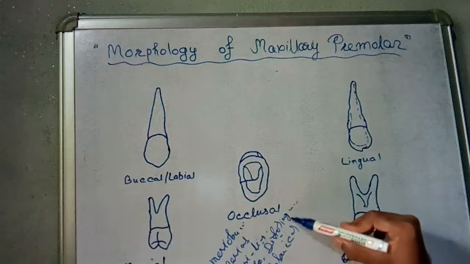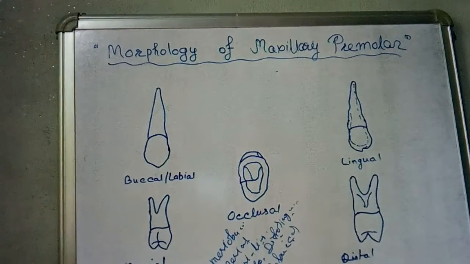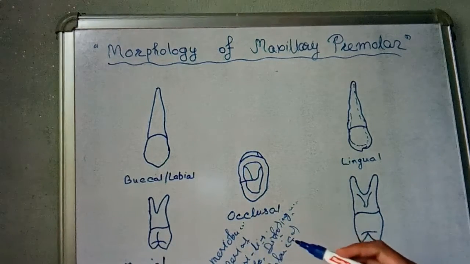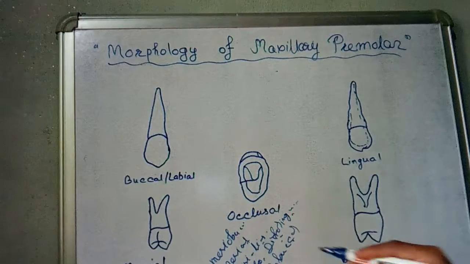So this is the six-sided or hexagonal figure of the occlusal surface of the tooth.